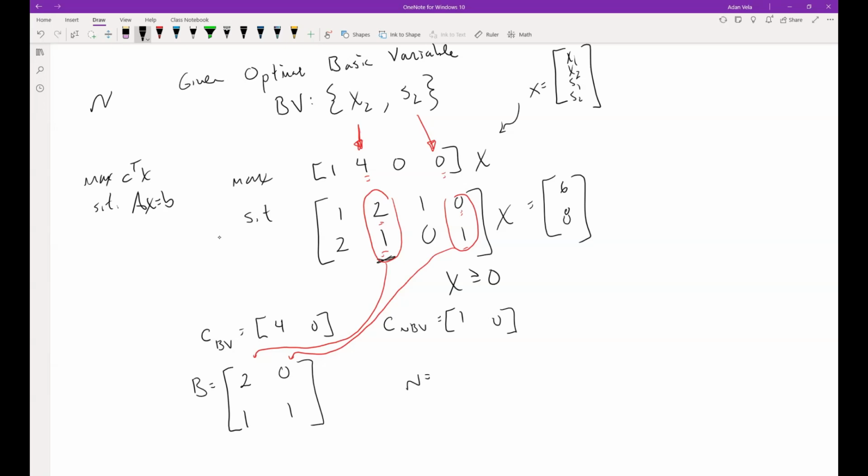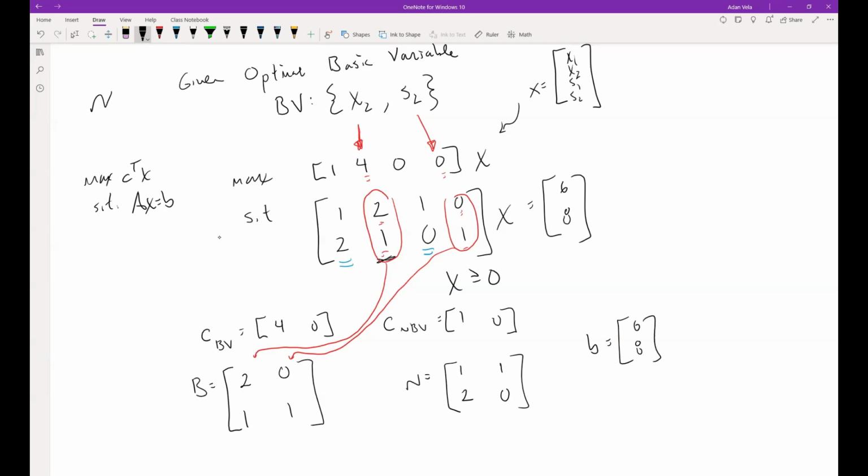In this case, our N is 1, 2, and 1, 0. That just corresponds to that column and that column. And lastly, our b is just as before, 6 and 8.